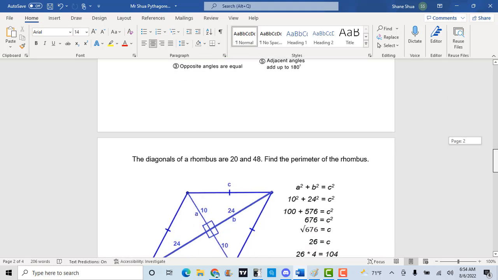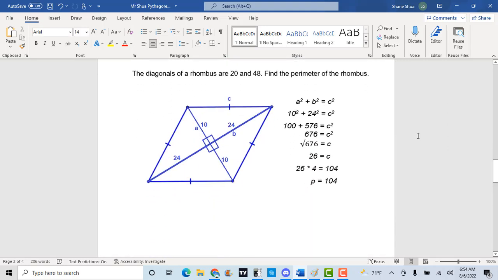Okay, so let's go down here. So now, the diagonals of a rhombus are 20 and 48. So if this diagonal is 20 and it's bisected, that means that this is 10 and this is 10. And if this diagonal is 48 and it's bisected, that means that this is 24 and this is 24. Also, we learned that in a rhombus, these make right angles here.